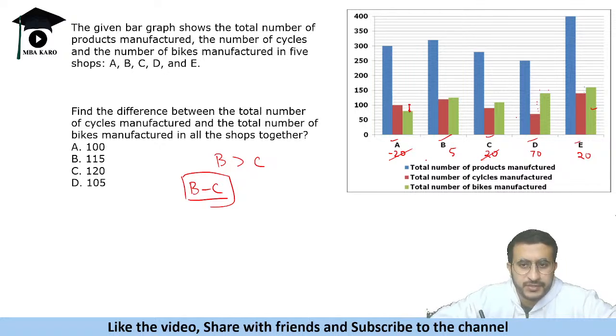How is 95 coming in total? 5, this is 10, 20, this is 70, right, this is 50, 70 more, 95 is coming in total.